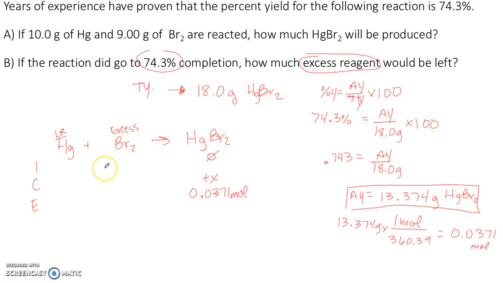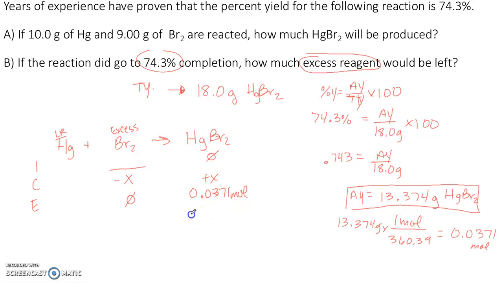Okay, and we're looking for our reagent, our bromine, and we're looking for how much of that reacted. We know that it's going to react with a change of negative x, and we're not going to use all of it, because we're going to have some left over. So how much do we use if we're going to react this?